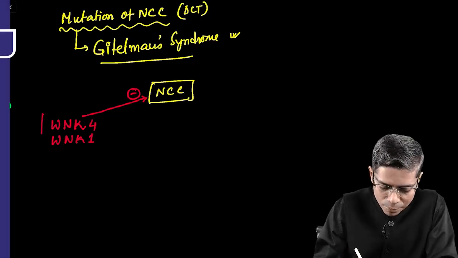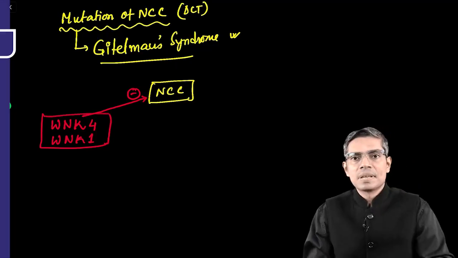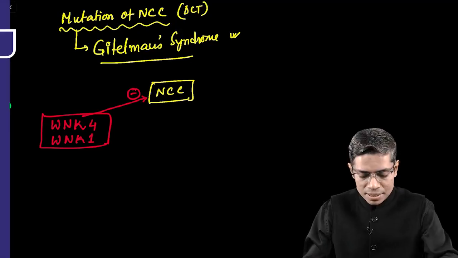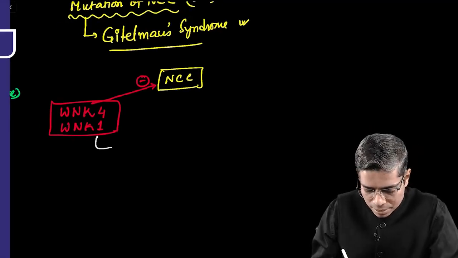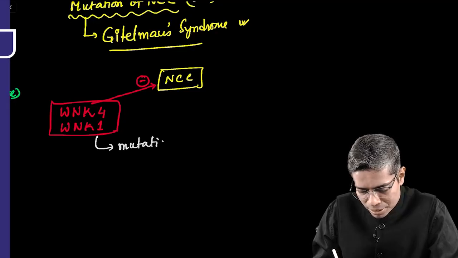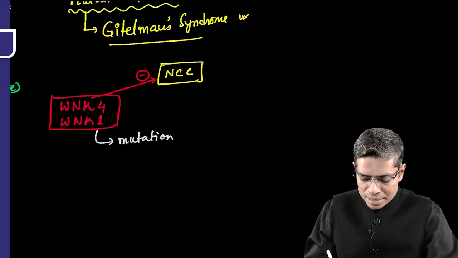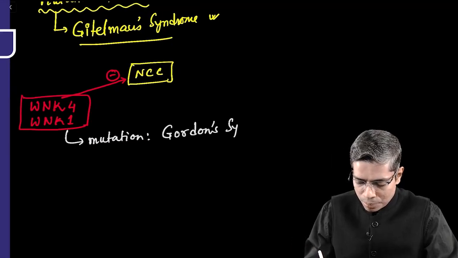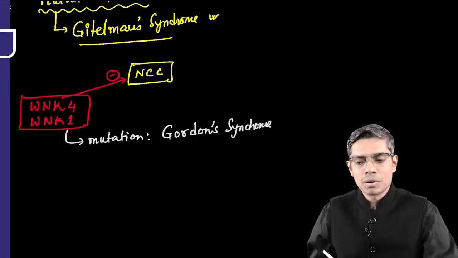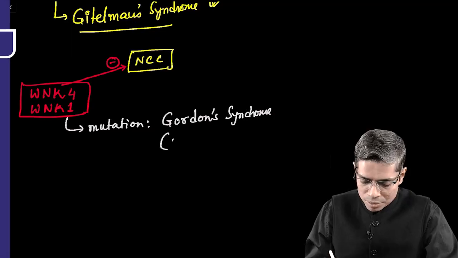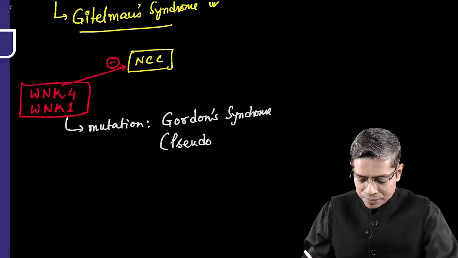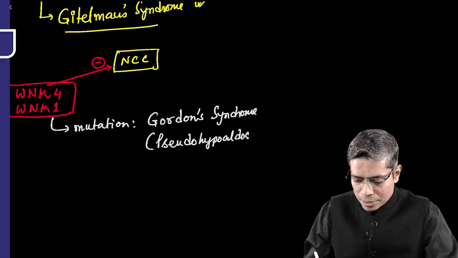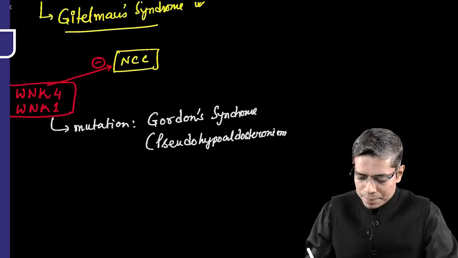If WNK4 and WNK1 are mutated, then this NCC will be hyperfunctional. So whenever there is a mutation of this protein, the disease is known as Gordon's syndrome. Gordon syndrome is also known as pseudohypoaldosteronism type 2.